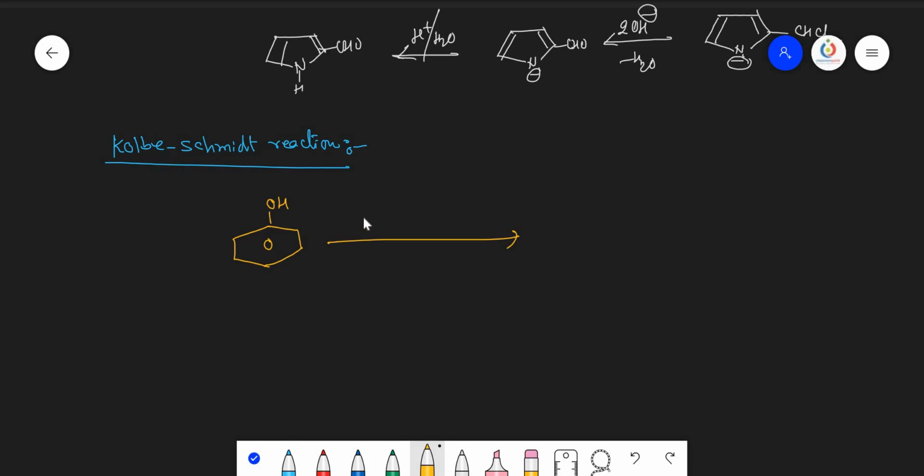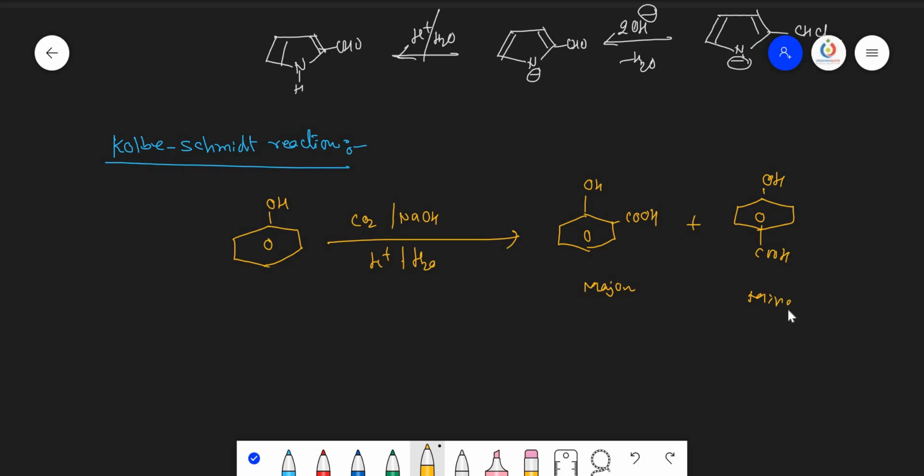So this phenol, we take carbon dioxide, NaOH, H plus, H2O. The molecule is salicylic acid again. This is the major compound, salicylic acid, plus its respective para compound also is formed, which is minor.